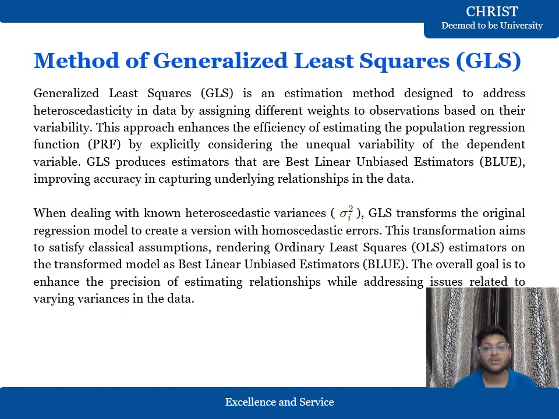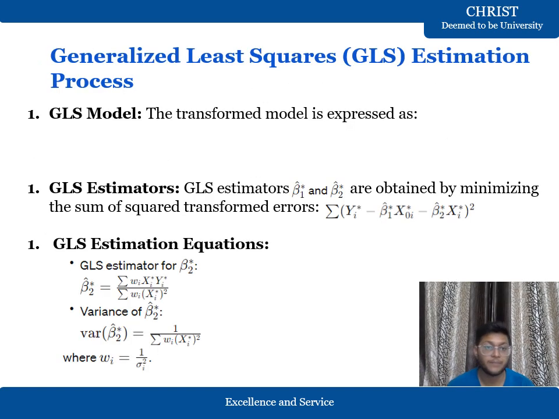We have GLS, the generalized least squares estimation method, which is designed to address heteroscedasticity in data by weighting observations differently based upon their variability, and this approach enhances the efficiency of estimating the population regression function, PRF, by explicitly considering the unequal variability of the dependent variable. With heteroscedastic variances, GLS transforms the original regression model to create a version with homoscedastic errors, whose ultimate goal is to enhance the precision of estimating relationships while addressing issues related to varying variances in the data.